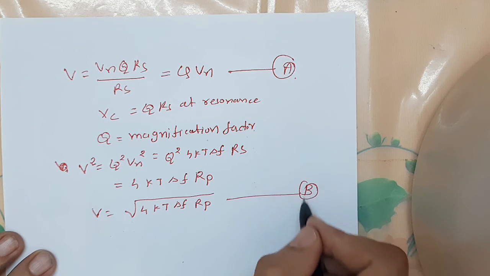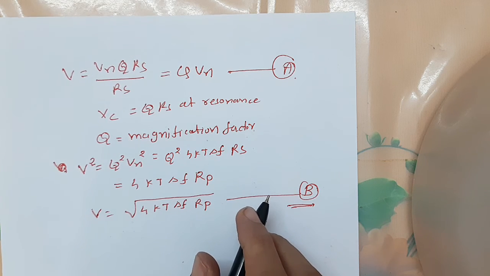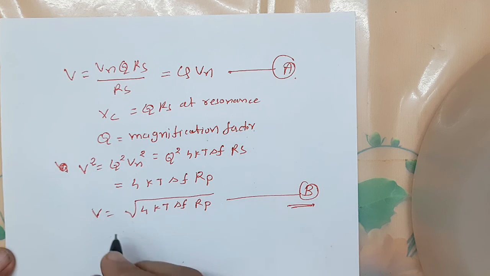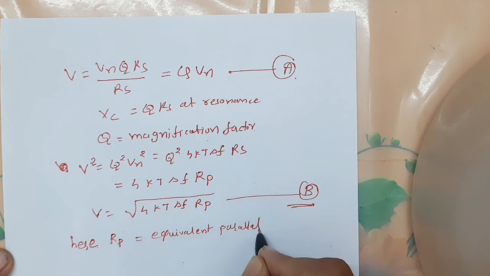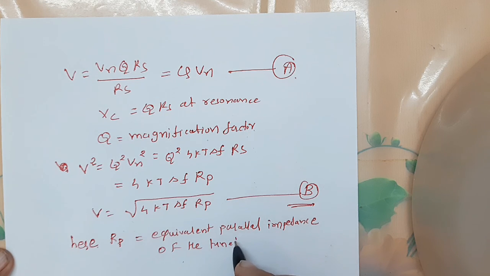This is our equation B, where V is the noise voltage across a tuned circuit due to its internal resistance, and Rp is the equivalent parallel impedance of the tuned circuit at resonance.